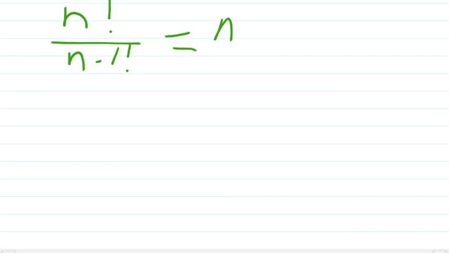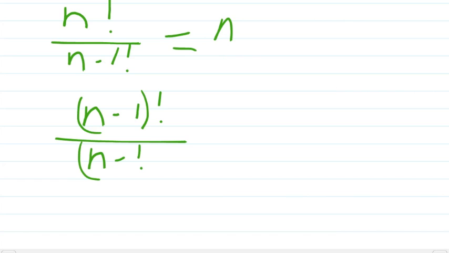It is exactly the same thing as 101 factorial over 100 factorial. If we write this as n minus 1 factorial divided by n minus 1 factorial and an n up there, what's left is we cancel the n minus 1 factorials and we're left with n.